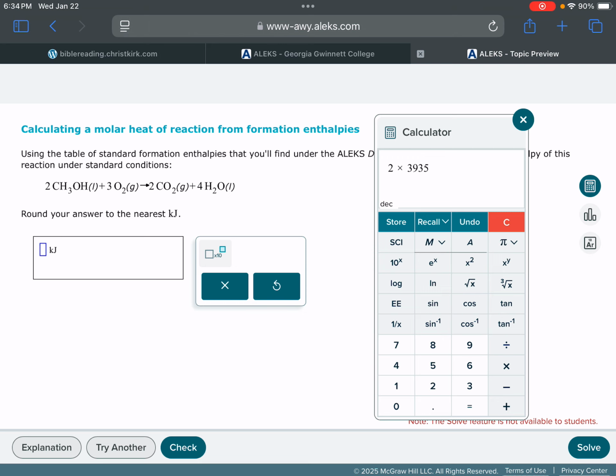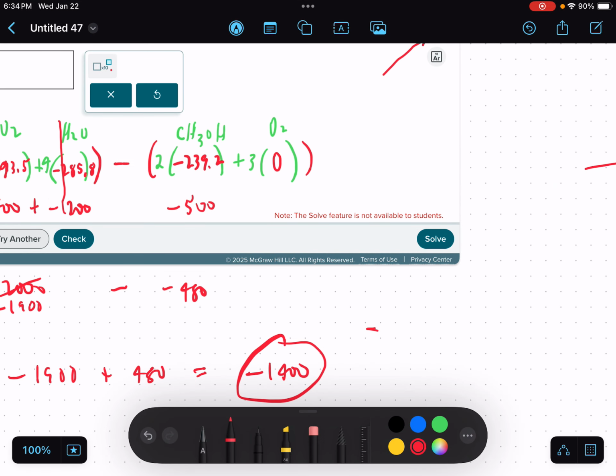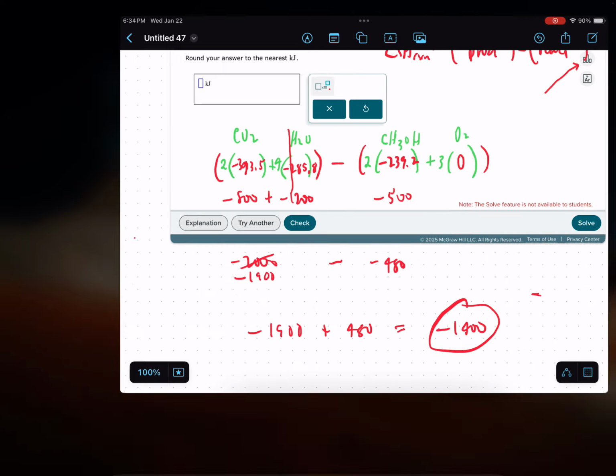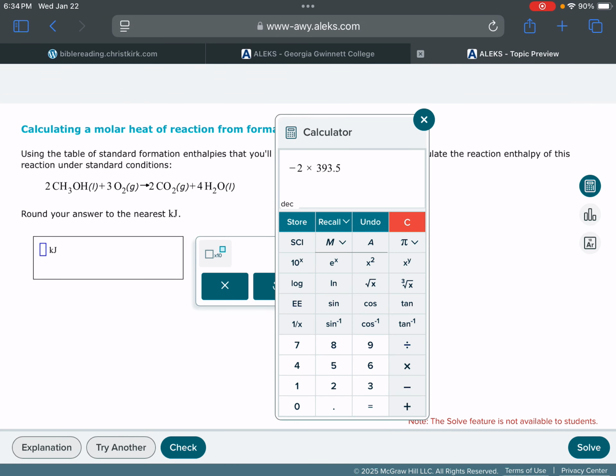I'm going to make that a minus 2 right here. 0.5, right? Let's just go back over there and check that. It was, wasn't it? Minus 393.5, it was. Okay, so let's go back over here.